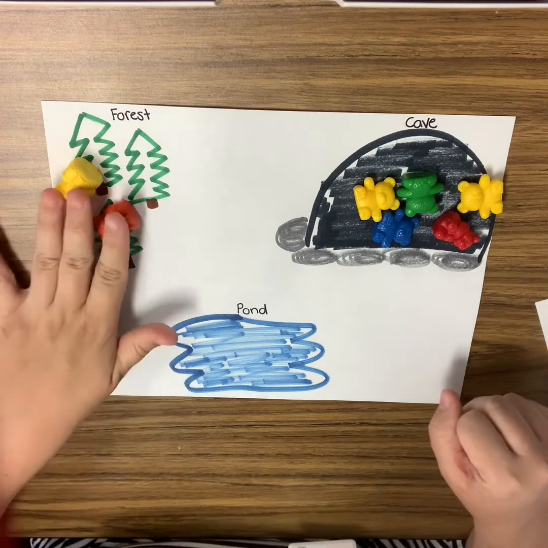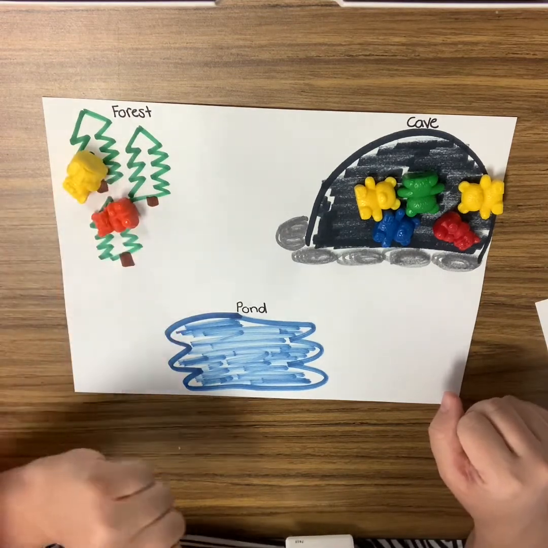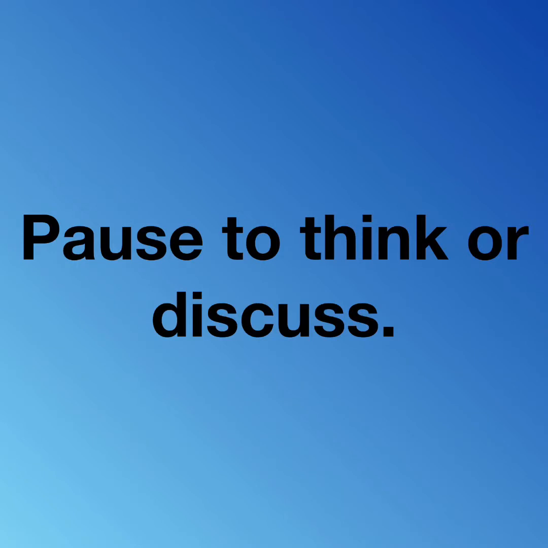Is the amount of bears in the forest getting bigger or smaller? If you're at home, take a second to pause and think about your answer. If you said subtract, you are correct. The amount is getting smaller because we're separating it. Some of the bears went away. So we need to subtract to find out how many are still in the forest.